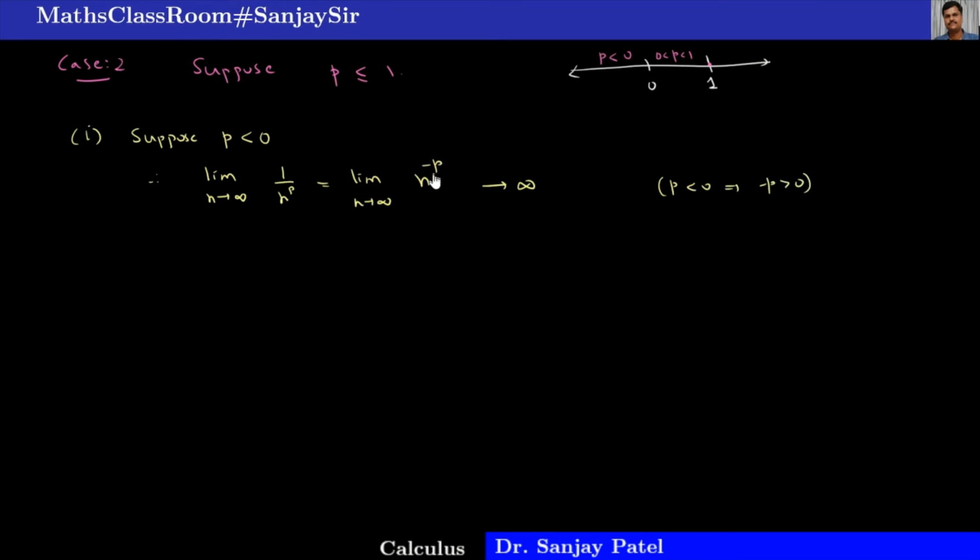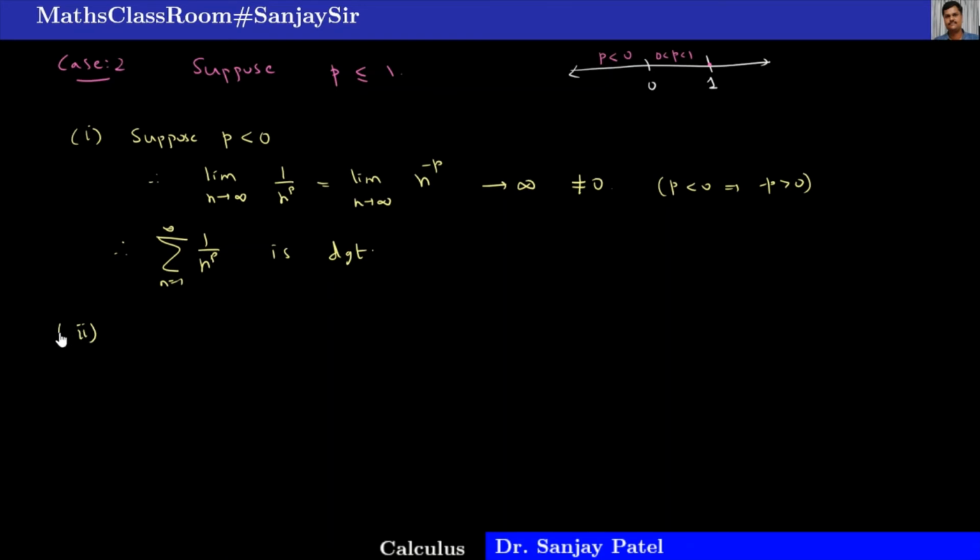So this is some positive power, and as n keeps on increasing, n raised to a positive power is also going to increase indefinitely. So this limit does not exist, and therefore what we have proved here is, in this case, the nth term of this series sigma 1 upon n raised to p tends to infinity. It is not 0, and therefore this is divergent. If limit n tends to infinity of an is not equal to 0, then sigma an is divergent. We are using that first theorem.